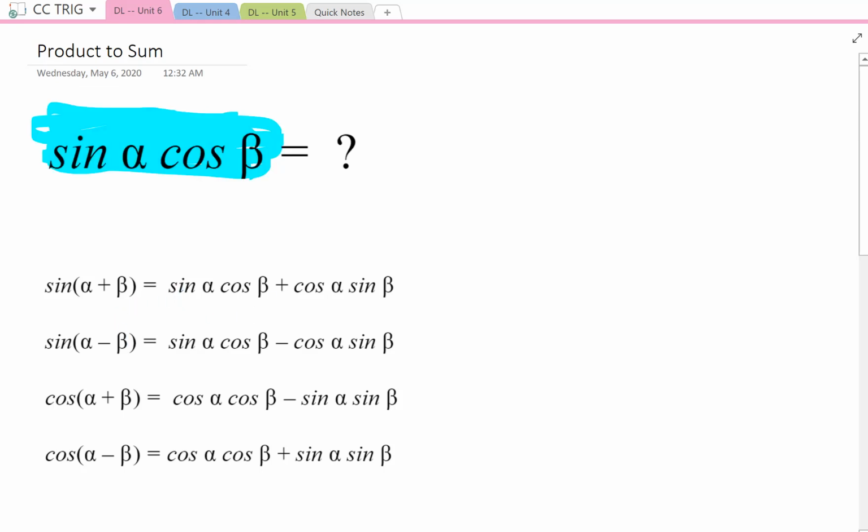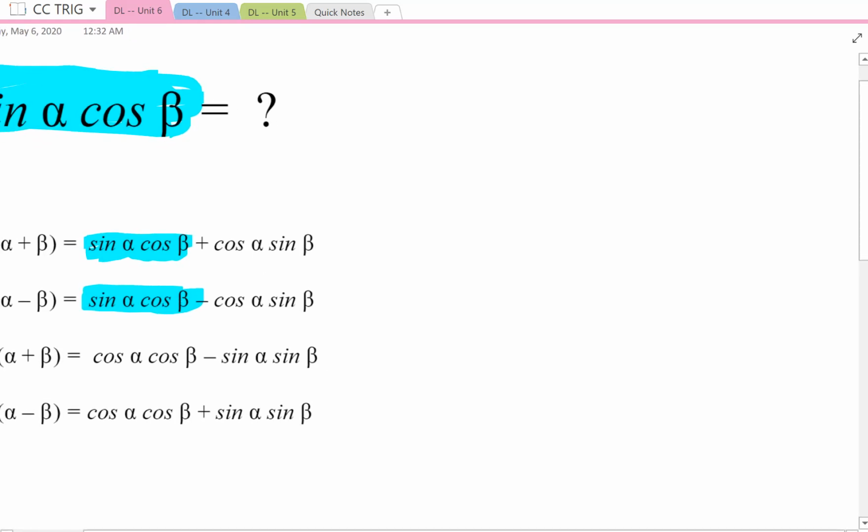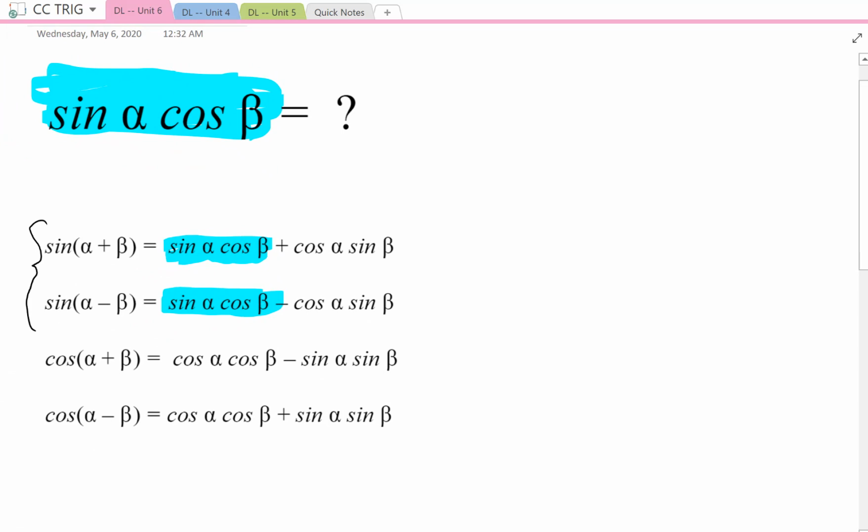I'm going to look at the formulas that I have, the sum and difference identities, and notice that there is a sine alpha cosine beta in the first one, and there's also a sine alpha cosine beta term in the second one. So if I combine the first two equations here, I may be able to create a third equation that could represent sine alpha cosine beta in a different manner.